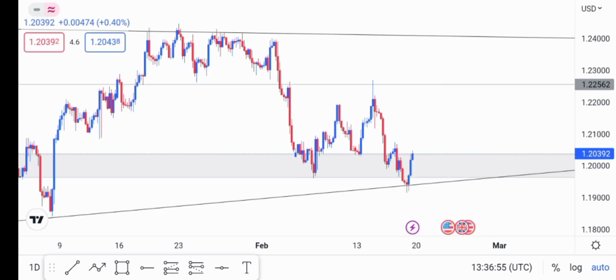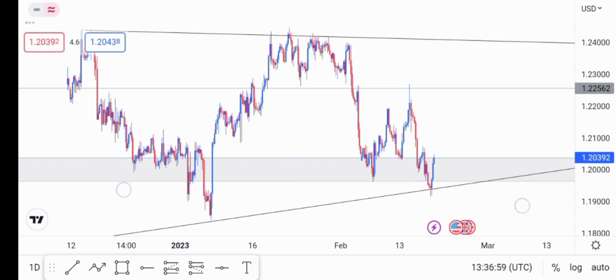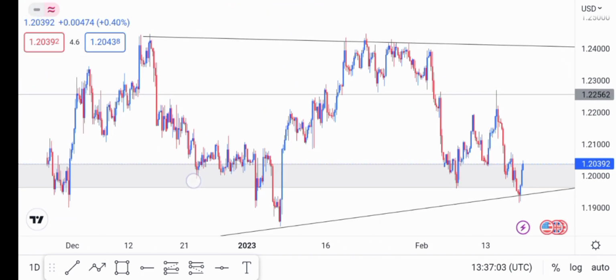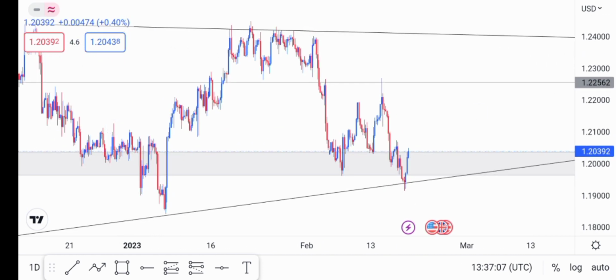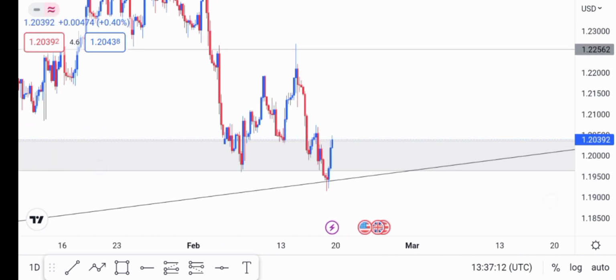Okay, so yeah. Currently we can see we are inside this pattern, and now we are around this area here. So I don't mind the background noise, guys.